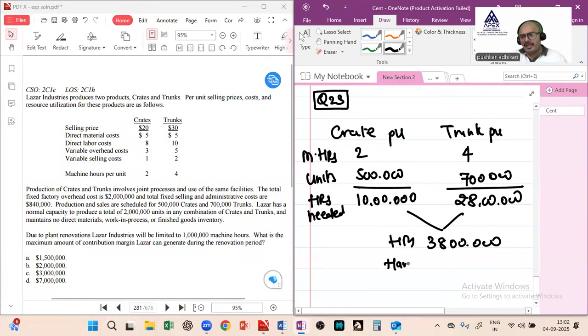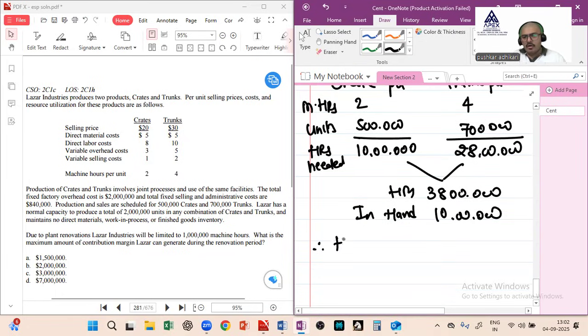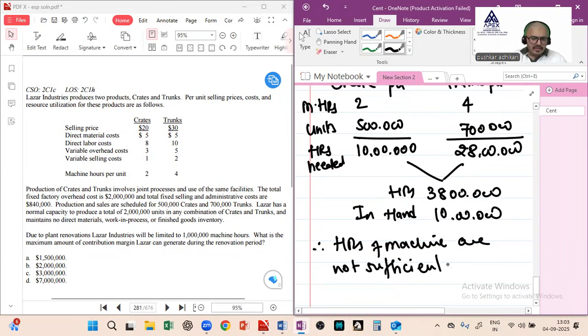But what you have in hand is a measly 10 lakhs, that is 1 million. Therefore, machine hours are not sufficient to meet market demand.